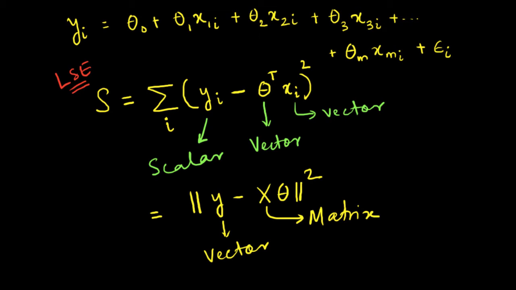So let's take a simple case for the sake of understanding. Let's say that your problem had two input variables and one output variable. So your yi is equal to theta 0 plus theta 1 x1i plus theta 2 x2i plus epsilon i.